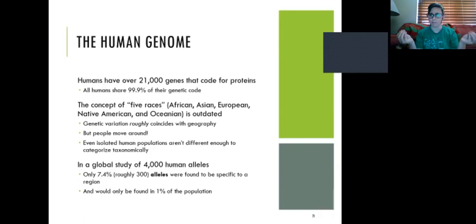And in the case of humans, there are no distinct groups that are different enough to categorize as a taxonomic group. We use, as taxonomists, what's called a syndrome of traits. And that has nothing to do with disease. That just means a set of phenotypes or genotypes that we use to distinguish 2 groups.